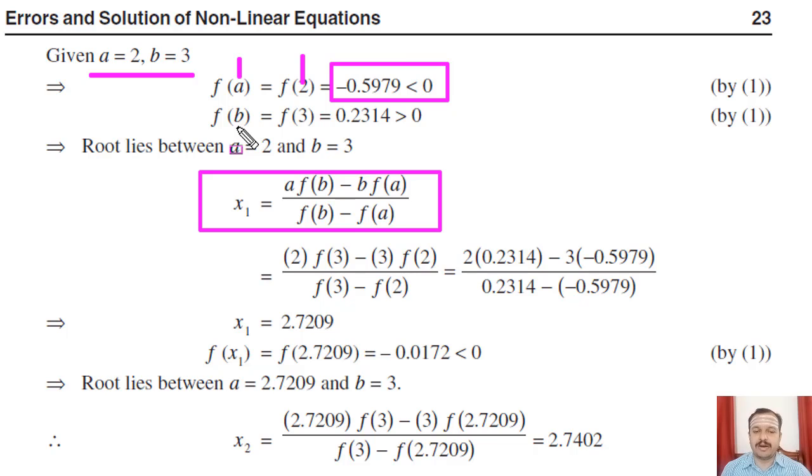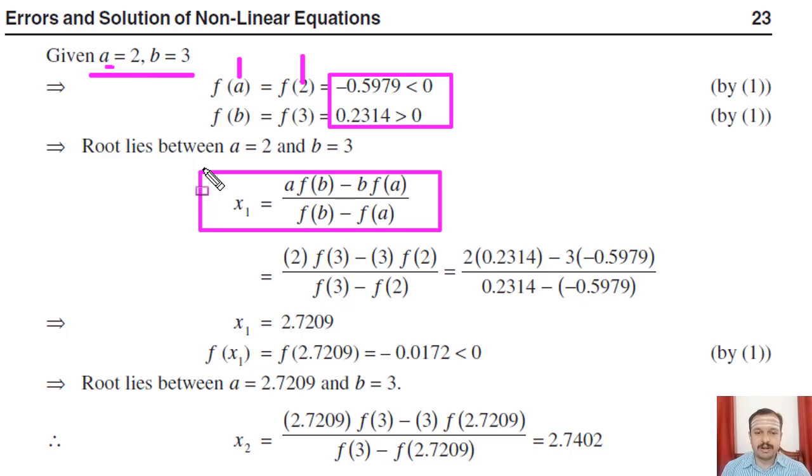On the other hand, at b equal to 3, if you evaluate the same expression, you will get f of b as positive 0.2314. Since f of a and f of b are of opposite signs, we can say that the root is in between a and b, that is, between 2 and 3.